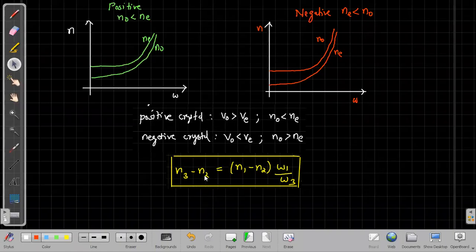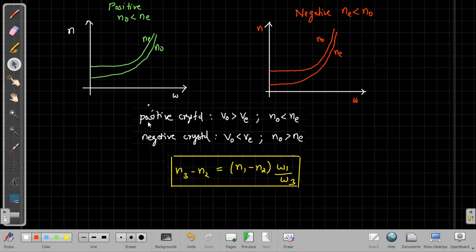So the phase matching condition can be achieved by using the condition that the highest frequency should take the lowest refractive index. So the highest frequency should take the polarization corresponding to the lower refractive index.